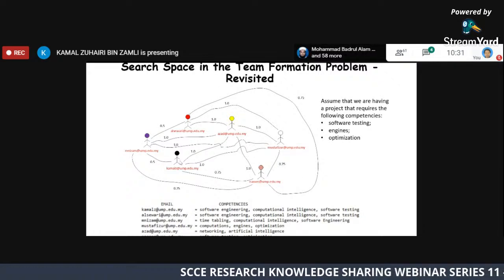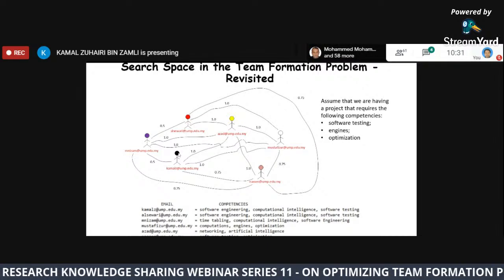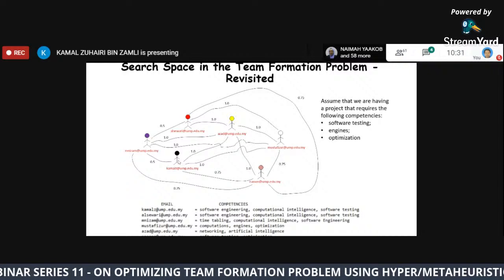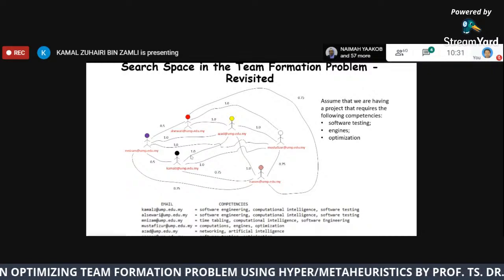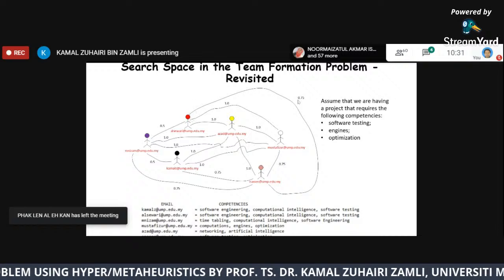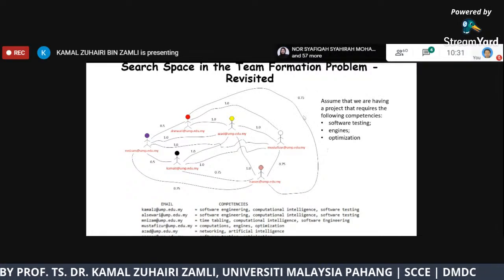If the individuals have a common skill, they don't have any cost, meaning the cost is zero. If they don't have any common skill, their cost is 1, and if they have some partial skill, the cost is some fraction of 1.